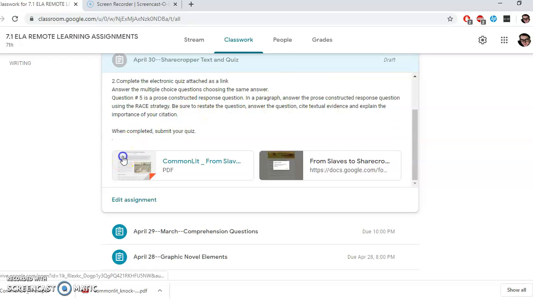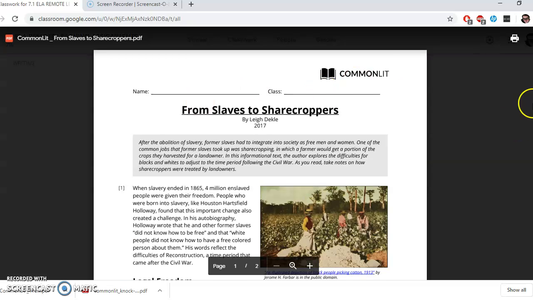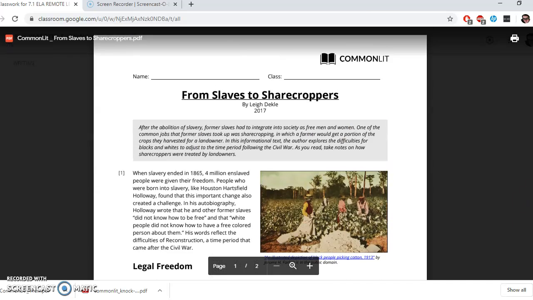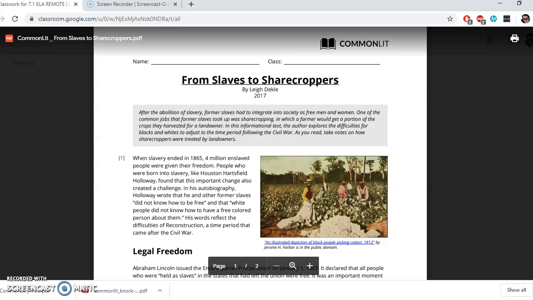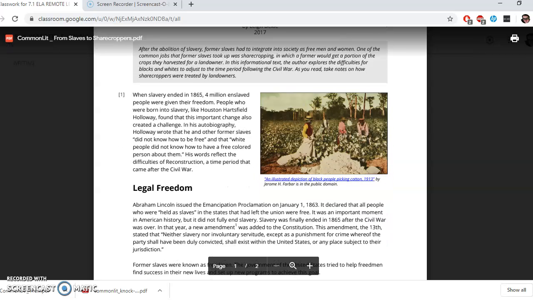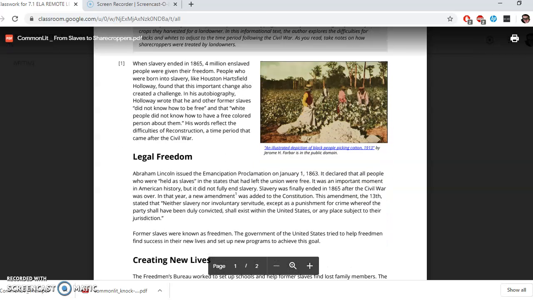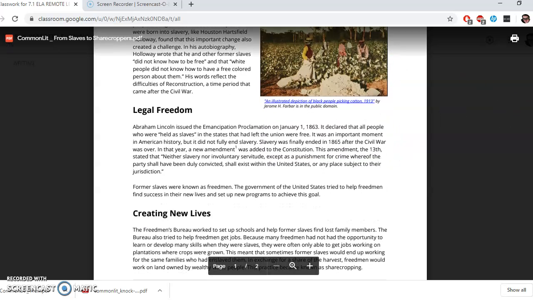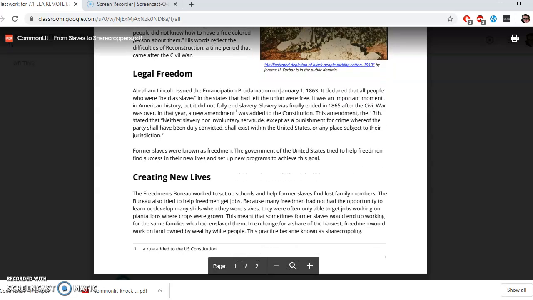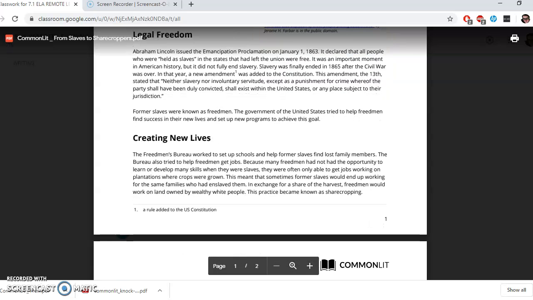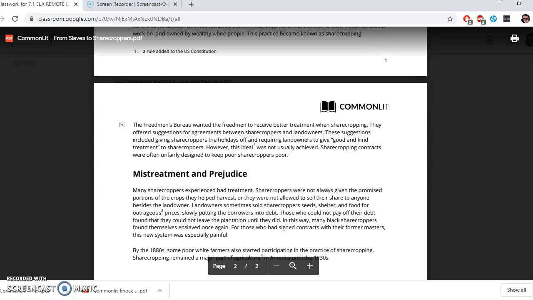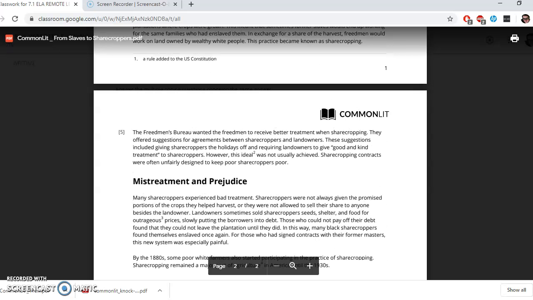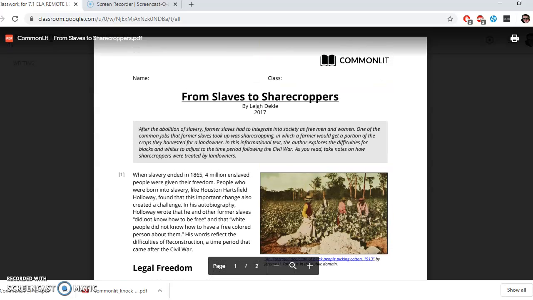So here, I click on that. It opens up a PDF article based on slaves to sharecroppers. You've got an introduction there, and then we've got our subheadings. You've got the legal freedoms, creating new lives as our second subheading, and then of course mistreatment and prejudice, finishing up our essay here.